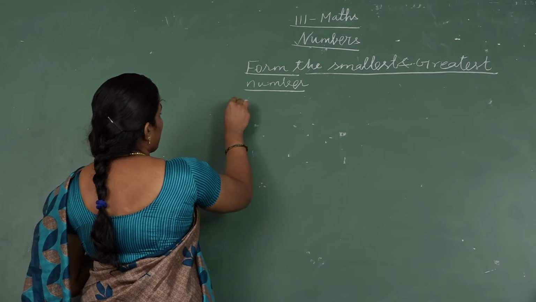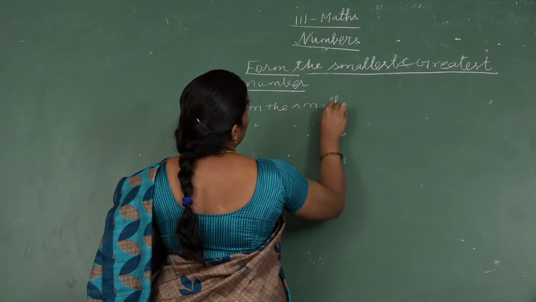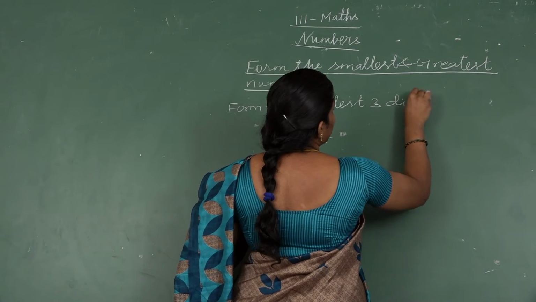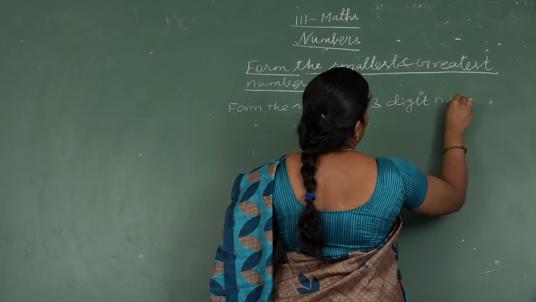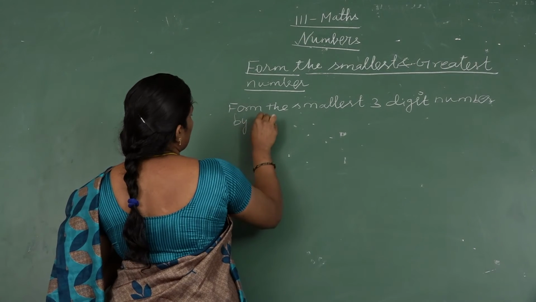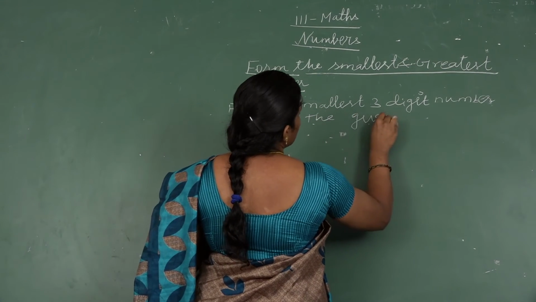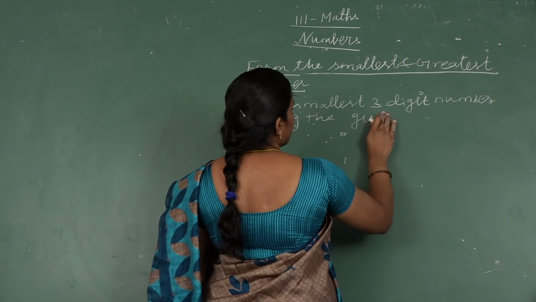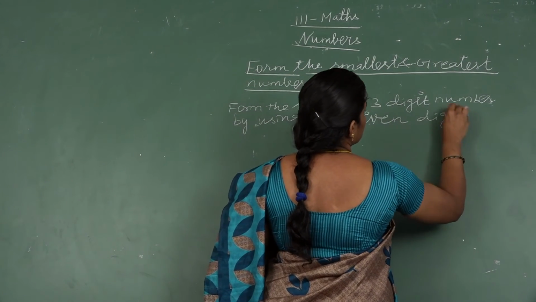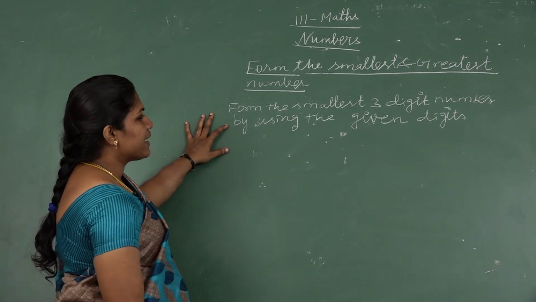Form the smallest 3-digit number by using the given digits.